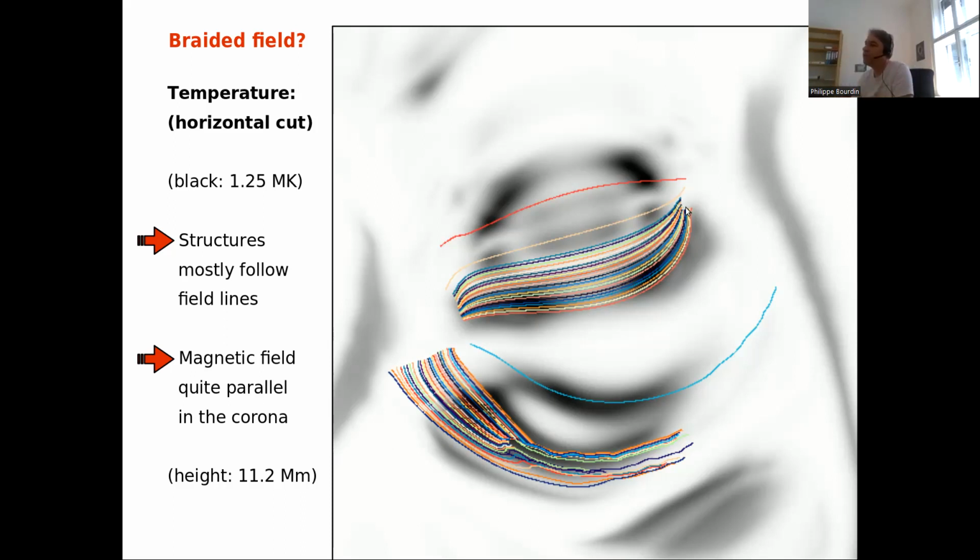But if you consider the amount of twist along that whole loop, which is maybe 50 or 80 megameters long, the braiding is so small, at least in the corona, that the winding number along the loop is maybe about 1/3 over 100 megameters.